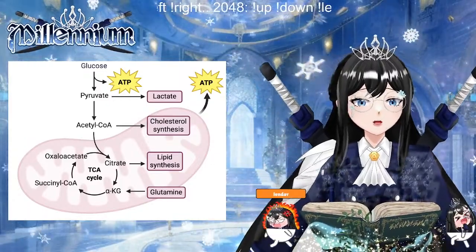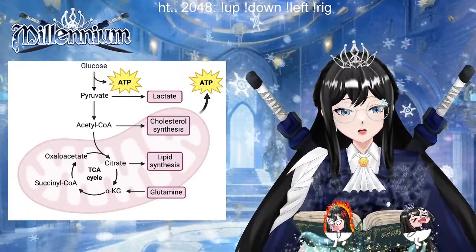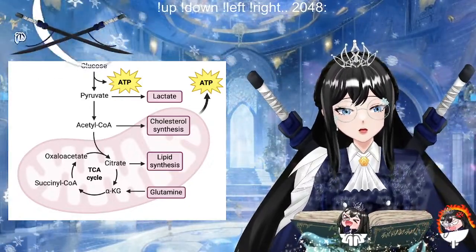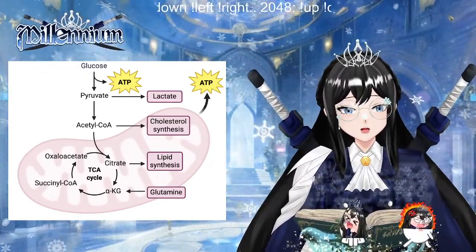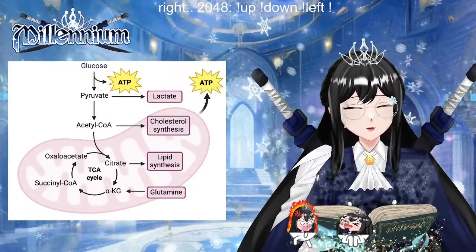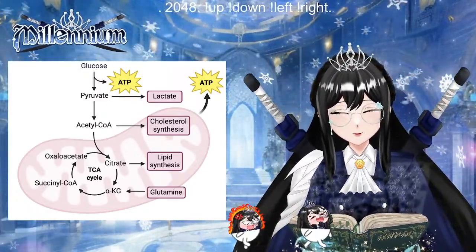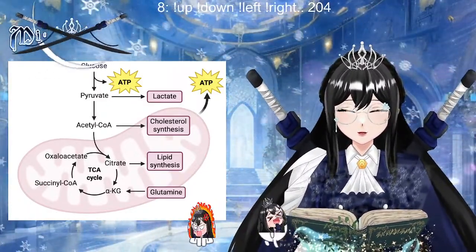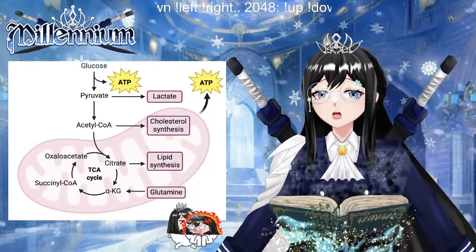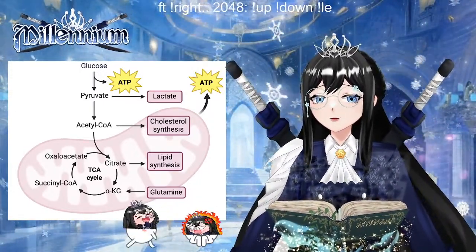It bypasses complex 1, which pumps protons, and that's why fewer protons are translocated. That's why FADH2 yields around 1.5 ATP versus NADH at around 2.5 ATP. Okay, so those are very specific details for that one.